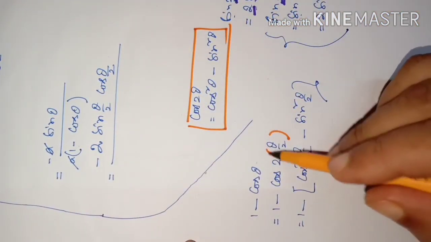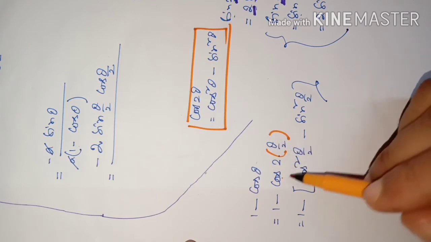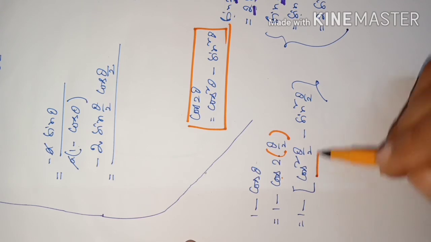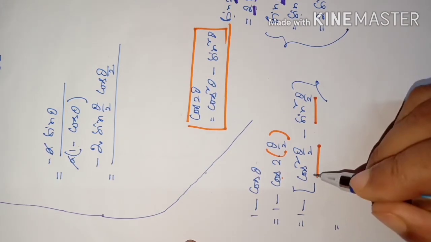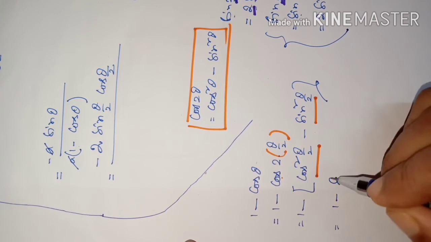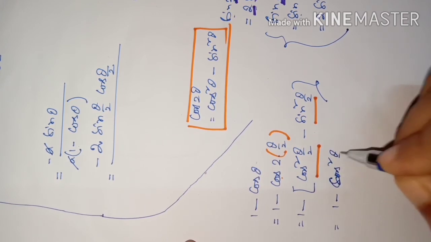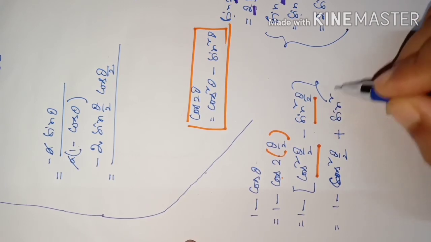So by using that identity, that transformation we can apply here also. So imagining this one as just theta, then cos twice theta will be cos square theta by 2 minus sin square theta by 2. As you will open this bracket, it will be 1 minus cos square theta by 2, which will be sin square theta by 2, and minus plus. So it will be sin square theta by 2 only.